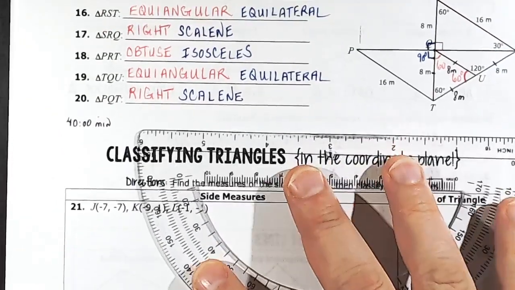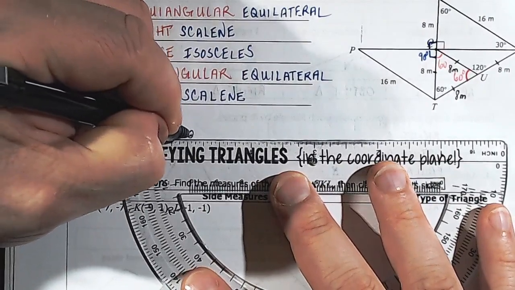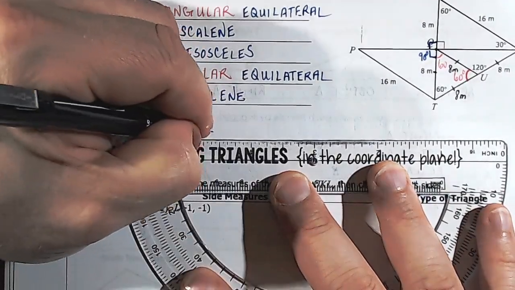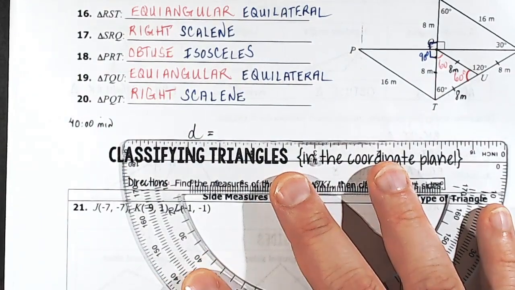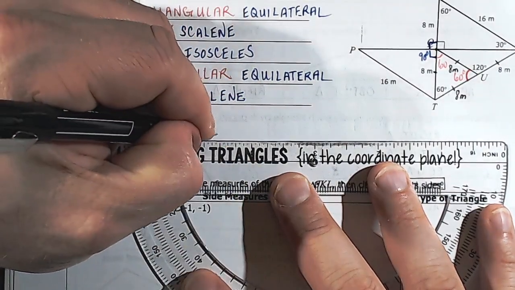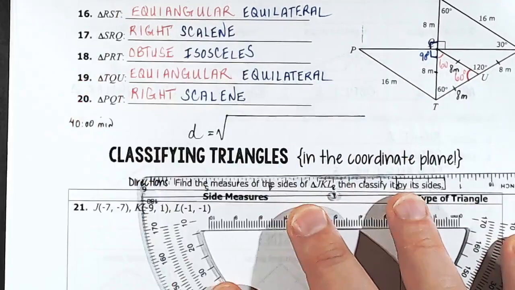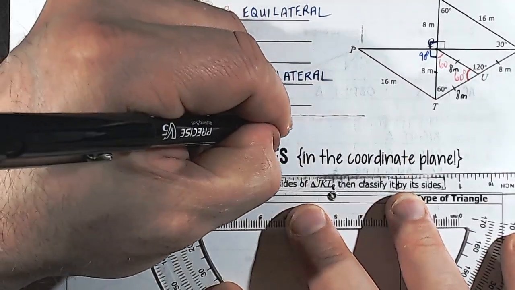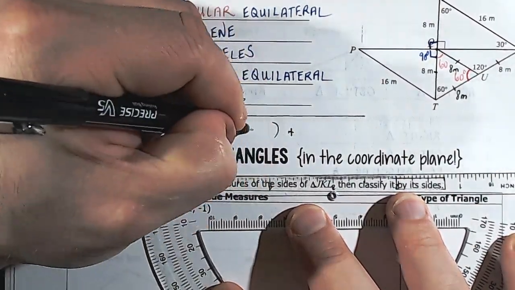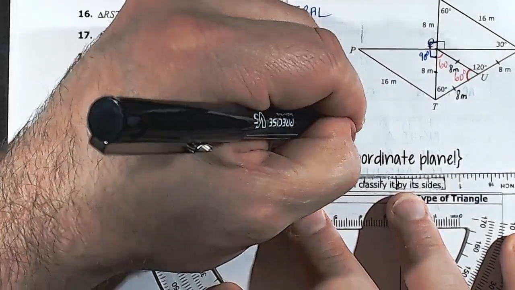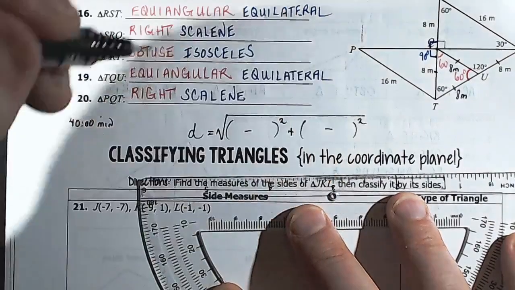I'm going to write it again up here so we can refer to it as we go through these problems. So the distance formula, where the distance is d, is equal to the square root of the sum of the square differences in the x and y values.